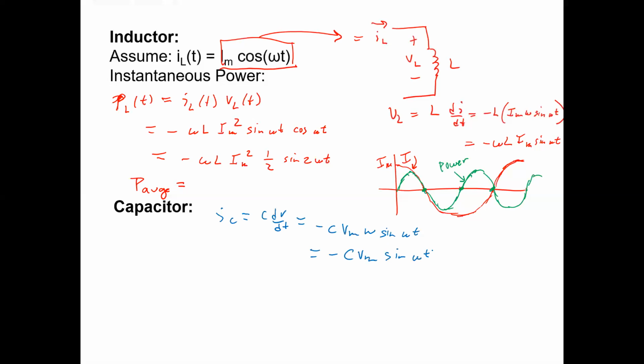And PC of t, lowercase, is going to equal IC of t times VC of t, and that's going to equal minus omega C Vm squared.